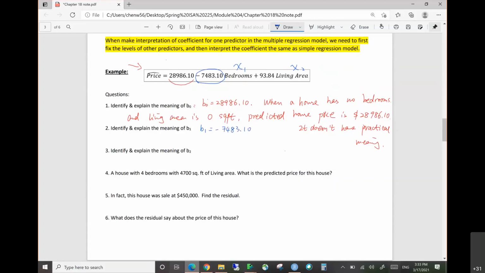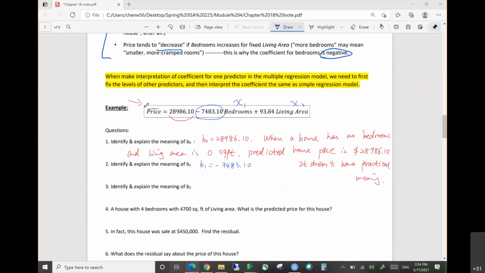Now, how can you interpret this negative 7483.10? Is it just the price decreases by that amount however many bedrooms increase from zero? We say one more bedroom, the price will decrease by this much.